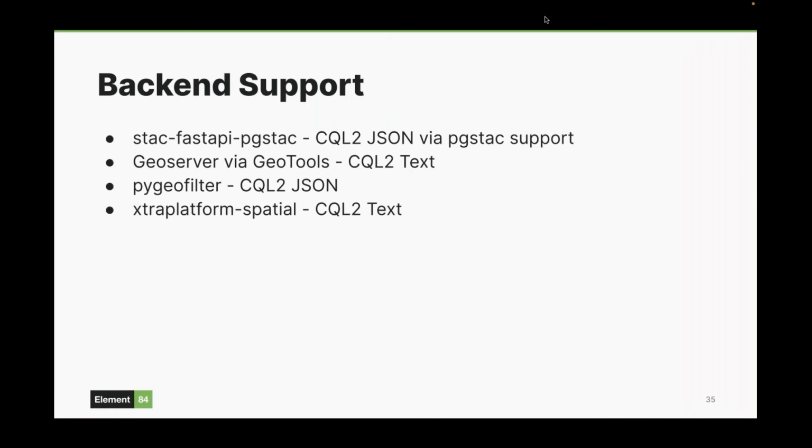As for backend support, STAC API PG-Stack supports the CQL2 JSON format via PG-Stack supporting that. GeoServer supports it via GeoTools, but only supports the CQL2 text format. PyGeoFilter supports CQL2 JSON, and the extra platform spatial library supports CQL2 text.